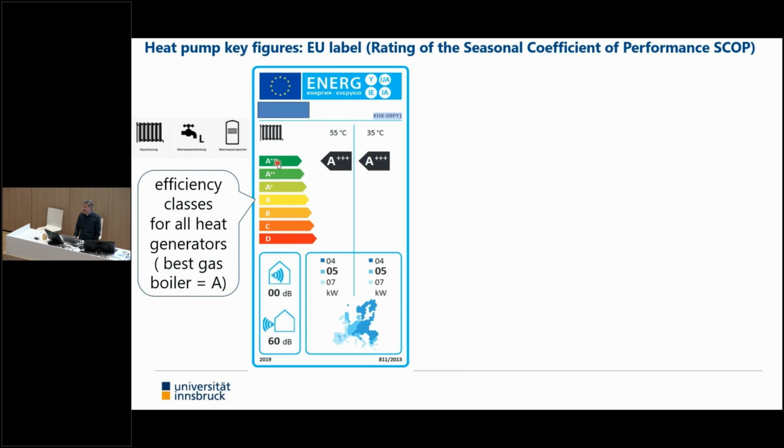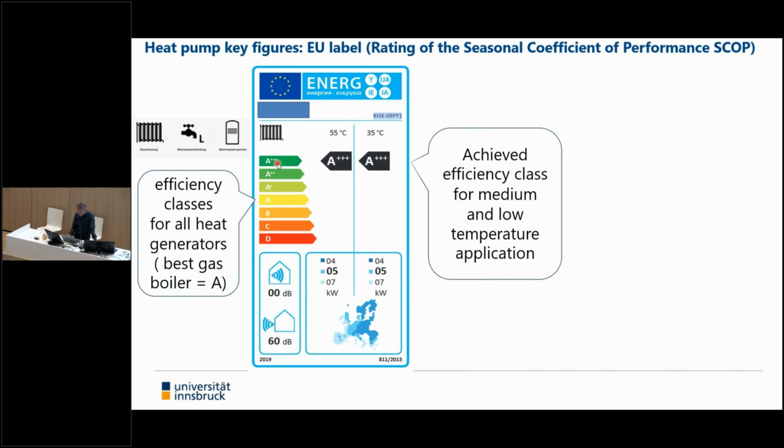That was introduced because the heat pumps were so efficient. But the A+++ is not efficient enough. So the best heat pumps today are A6+. So you need 6 pluses for the very best units. If you buy a heat pump, you should stick to at least A+++.